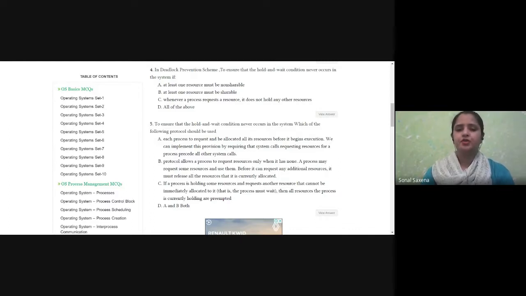Now, the fifth question says to ensure that the hold and wait condition never occurs in the system, which of the following protocol should be used? So, these are the protocols.